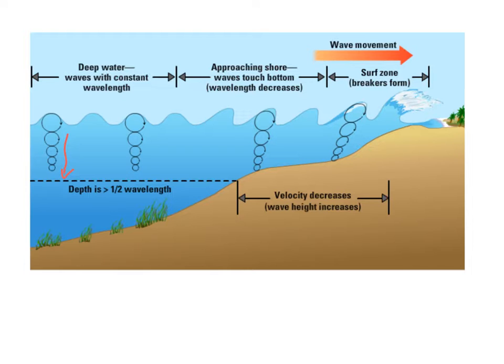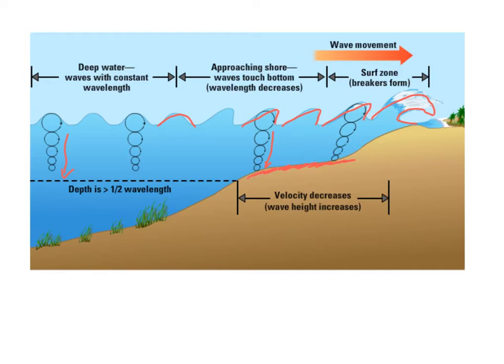As they get close to shore, these circular motions, this depth that the wave can travel through, this energy disturbance starts hitting the bottom. And as it hits the bottom, it drags across the bottom and causes the bottom part of the wave to slow down. We have a nice uniform wave, but as we start to drag, you start seeing how the top of the wave is able to move faster than the bottom of the wave. And ultimately, that's what causes it to break on the shore, which is what we see.